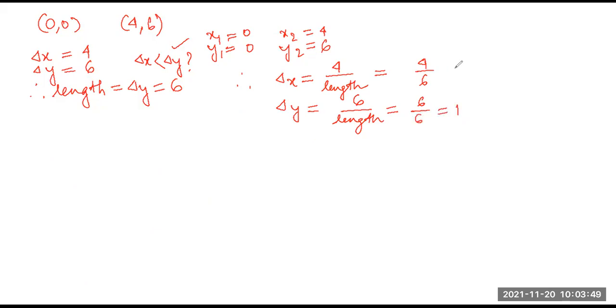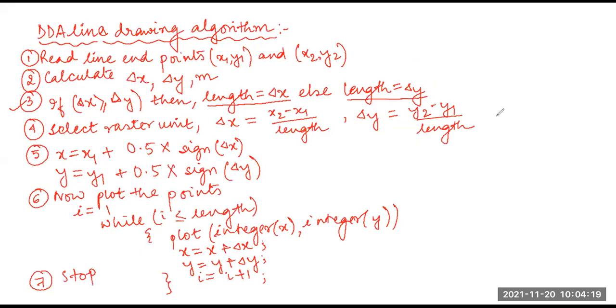This is 1 and this is how much? 0.66. Now, when I subsequently use the del x and del y value, I will be using these updated values. I won't be using the first approximation which we made, right? Up to this portion, everything is clear up to line 4.